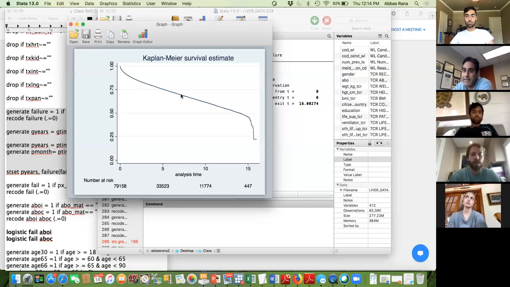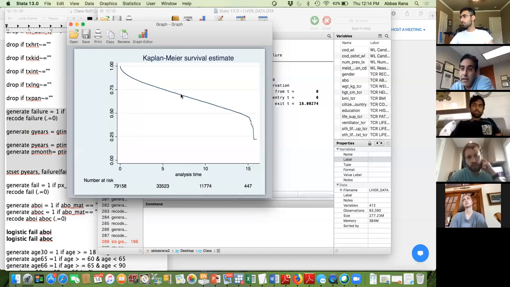Does that make sense? I know it's a little bit hard to understand, but the whole point of this is it takes a real life situation where you transplant people in a 20-year course at all different times. And you want to be able to look at that data coherently as one. And the way you do it is you move everyone to time zero, and that's 100%.